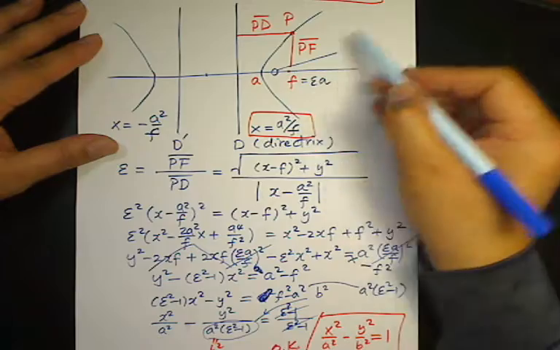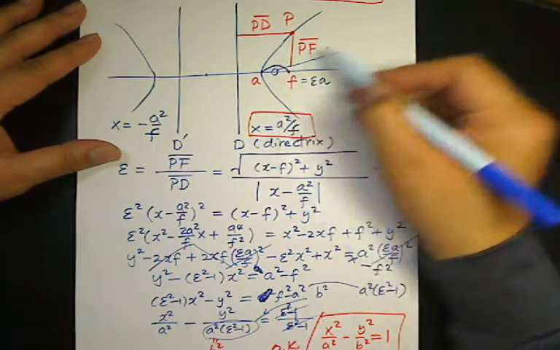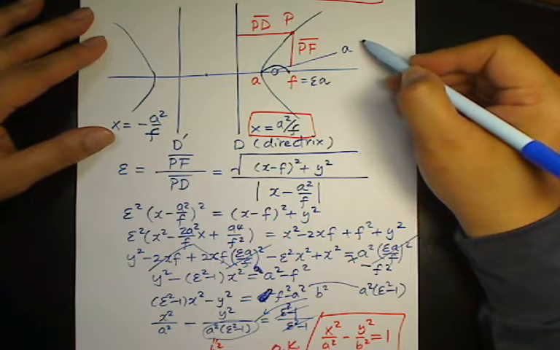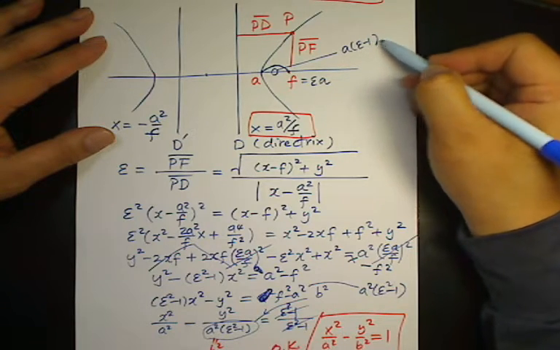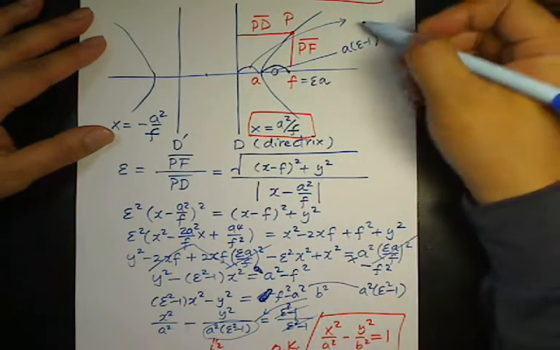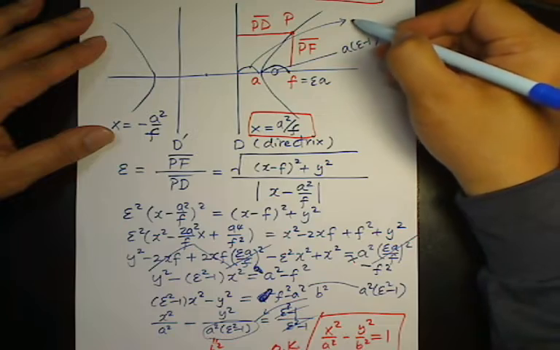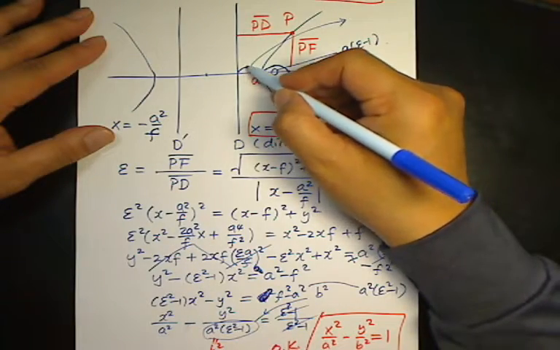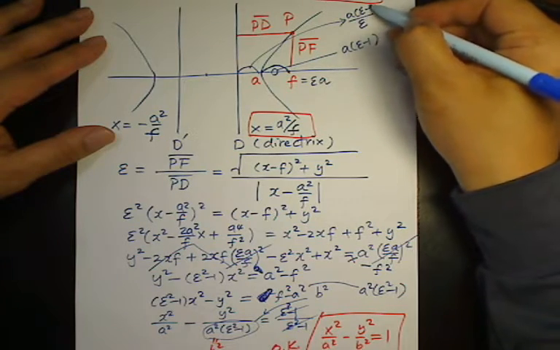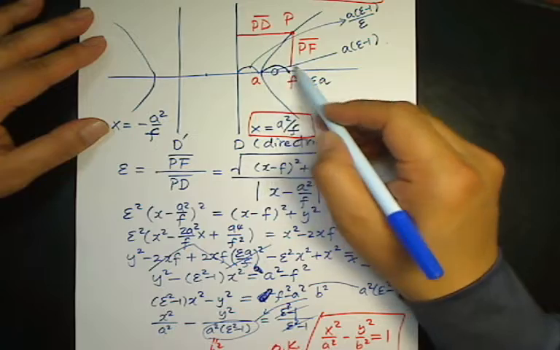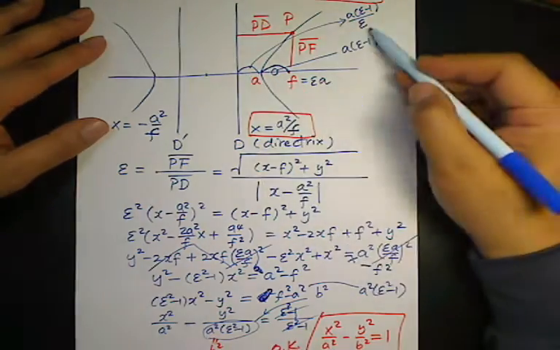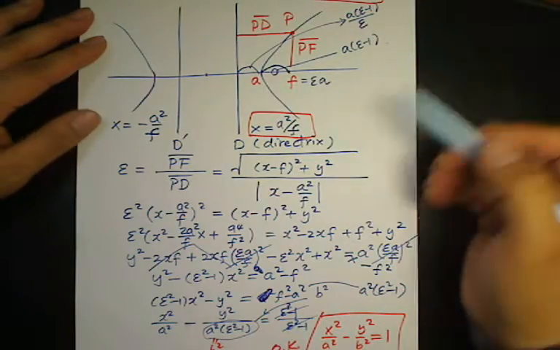For example, this distance is a times epsilon minus 1, and this distance should be 1 over epsilon minus 1, because this one divided by this one is epsilon.